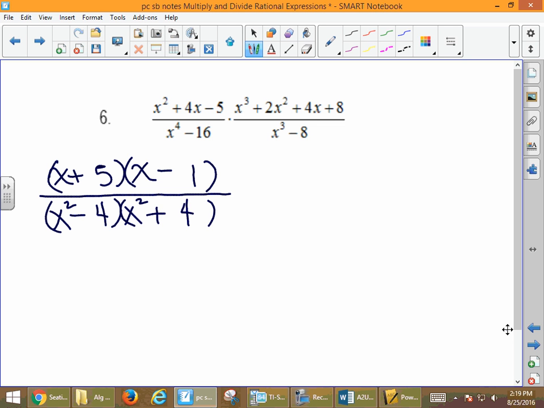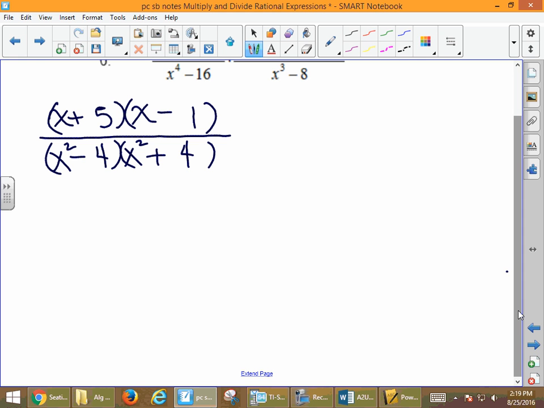But the thing about this is, we can factor more on that. Which one do you think we can factor? The x squared minus 4. It's a difference between two squares. Difference means the answer to a subtraction problem. We can factor this.